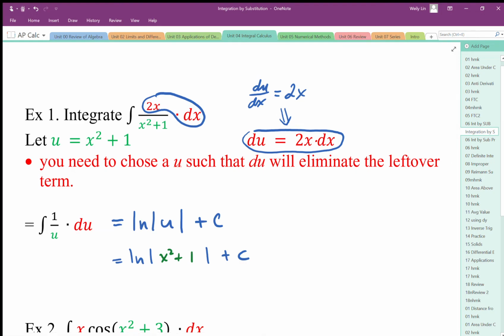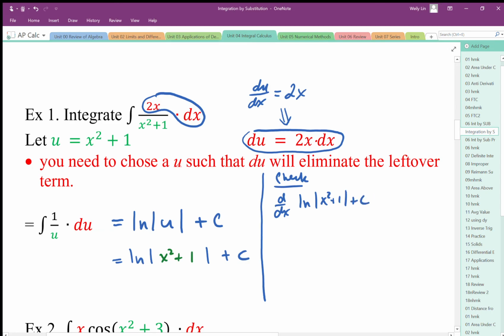And we can check this, right? We can check this by, if we differentiate the integral, we should end up with what we started off with. So this is my check. If I differentiate, so d by dx of log of x squared plus 1 plus c, the derivative is going to be 1 over x squared plus 1.